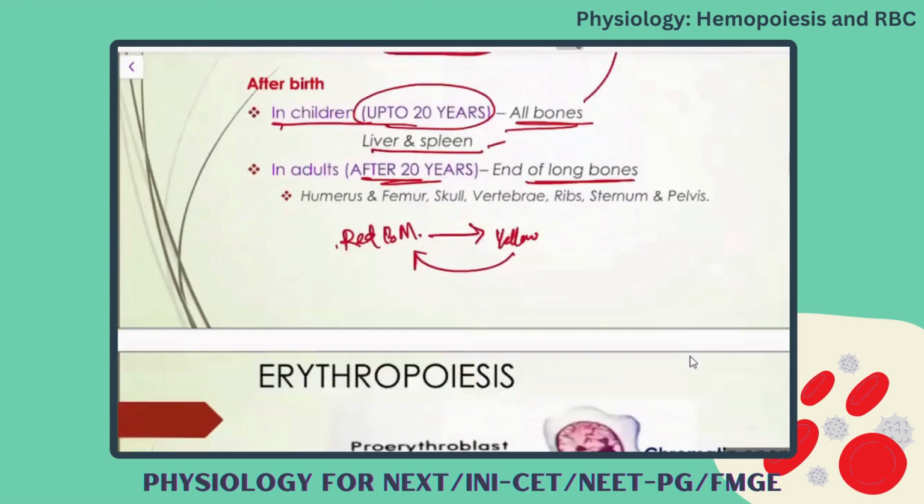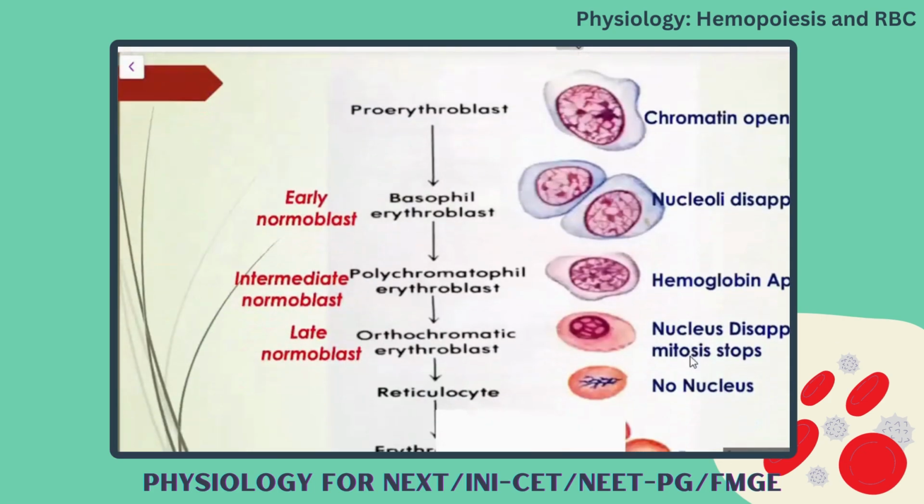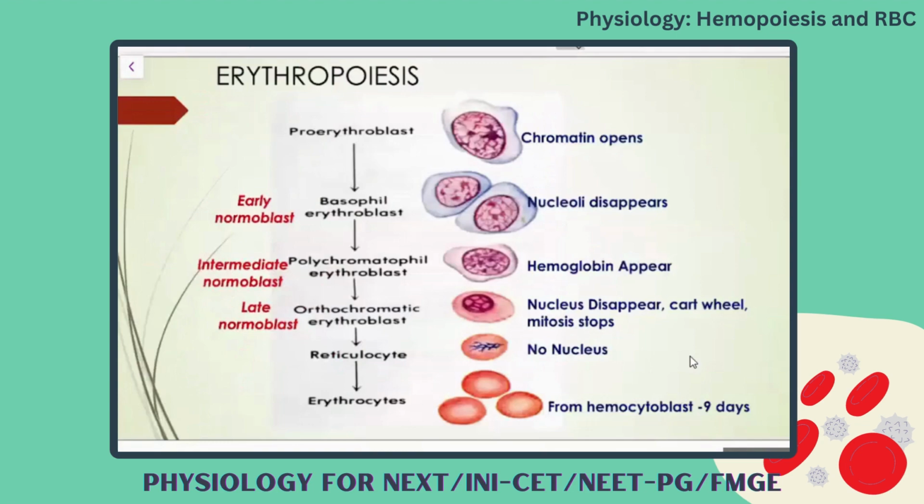So these are all the stages involved in erythropoiesis. First one is the pluripotent hematopoietic stem cell. That gives rise to the proerythroblast.